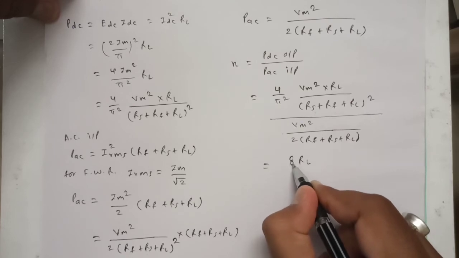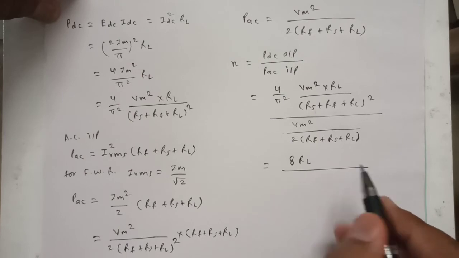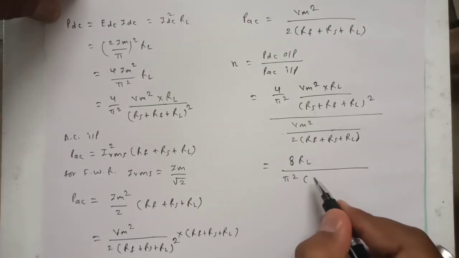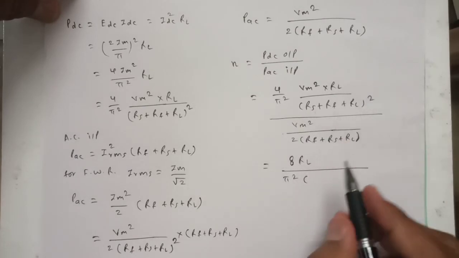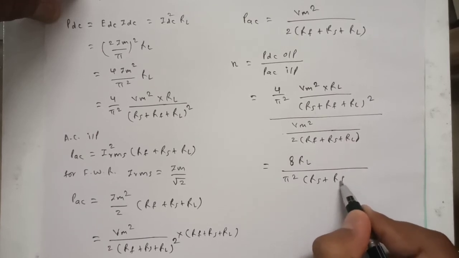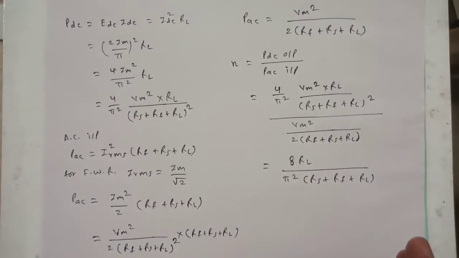In the denominator, what is remaining is pi square in bracket. This bracket and this square cancel, the square is removed, and we are only left with Rs plus Rf plus RL.